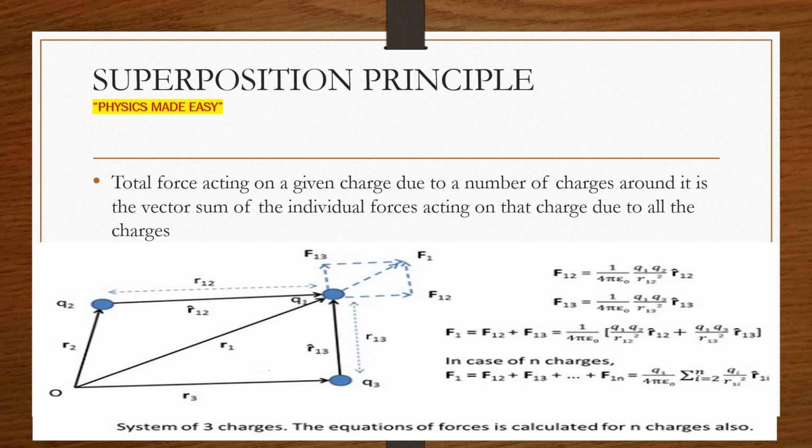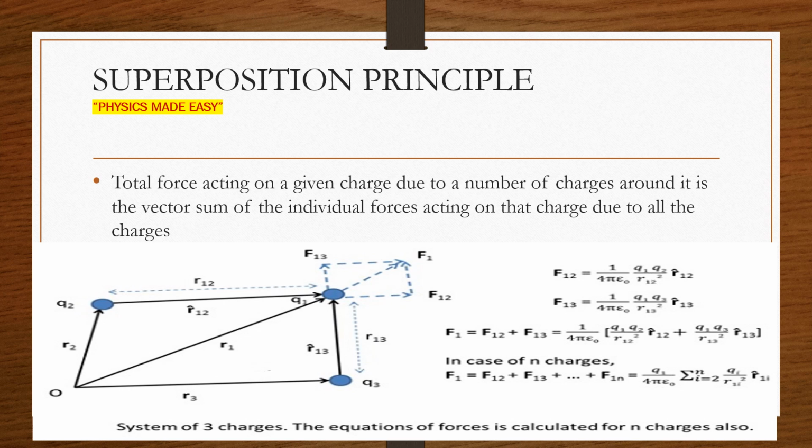Then the force F13. The force F13 is the force on the charge Q1 due to the charge Q3. So again we apply Coulomb's law. This is equal to 1 upon 4 pi epsilon naught, Q1 Q3 divided by R13 squared, R cap 13.